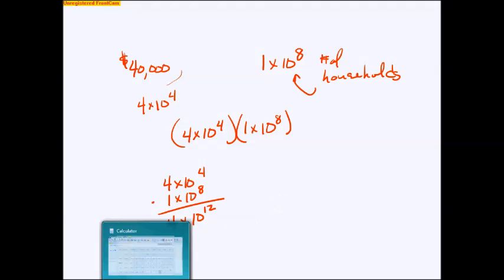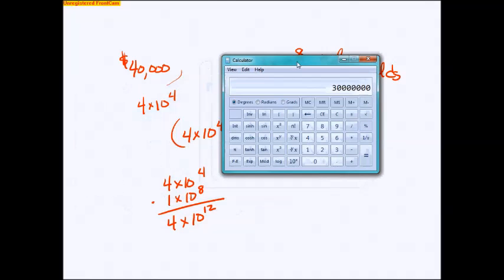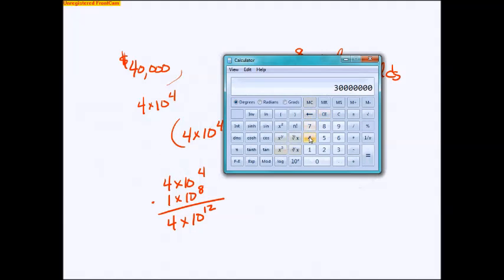Okay. So again, if I pop my calculator up here, and if I say 4 times 10 raised to the 12th power. Wow, how many zeros is that? 1, 2, 3, 4, 5, 6, 7, 8, 9, 10, 11, 12 zeros I need on that.